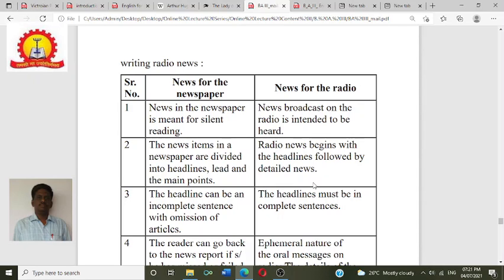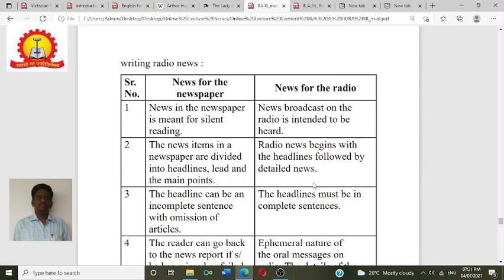We are not supposed to read it aloud for the audience, or give a critical commentary on the news item that we publish in a newspaper. So this is news for a newspaper, where we write it, and the readers silently read it.